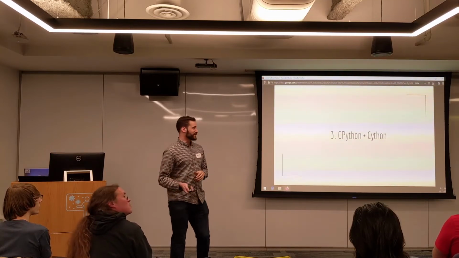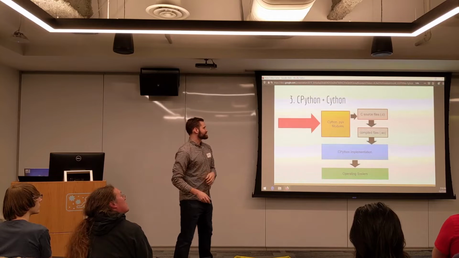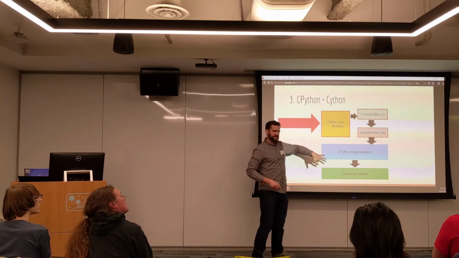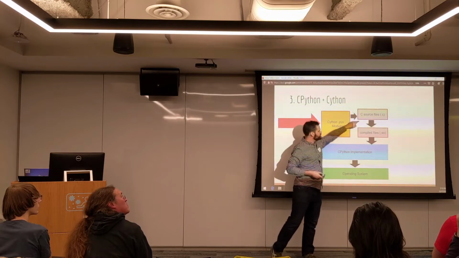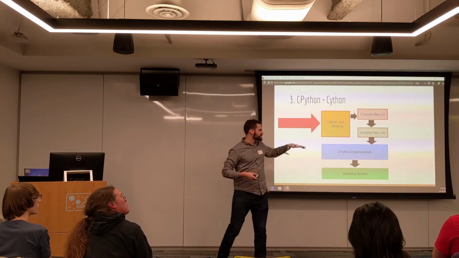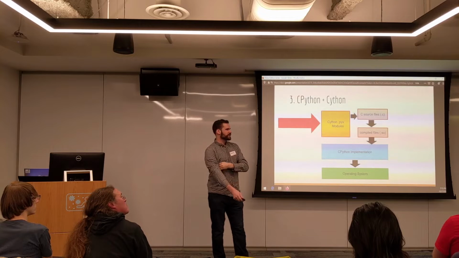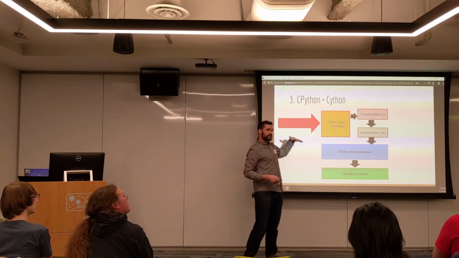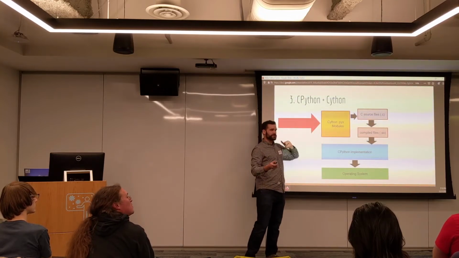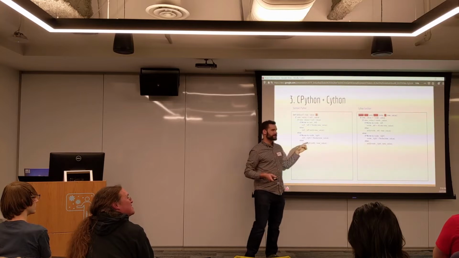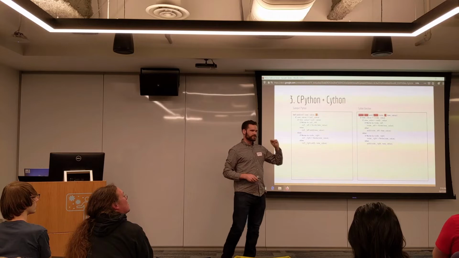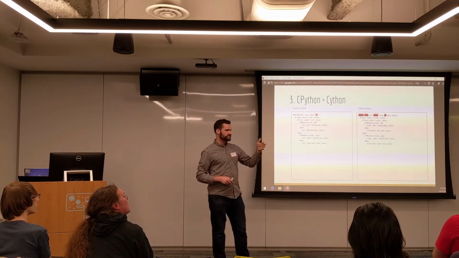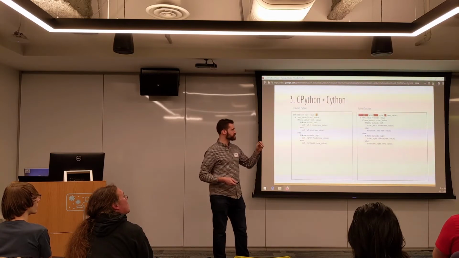All right, so the first weird one. Like I said, the design goal was to take Python, transform it directly into C, and then compile it, and you can import it as a module. This works okay, but you get better results when you add certain hints on it, so that the Python interpreter knows better how to compile that.